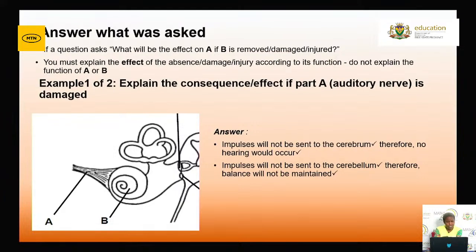You remember, okay, the impulse will not be transmitted to the cerebellum. And then you continue to ask yourself a question: what will be the implications? What will happen now if there is no impulse being transmitted to the cerebellum? Therefore, balance will not be maintained. So please remember that this is how you respond to such questions, which are based on damage, injury, and absence.